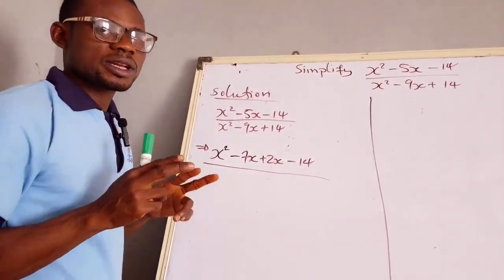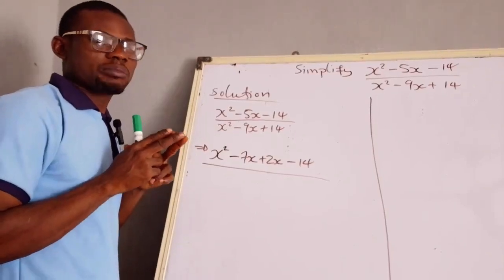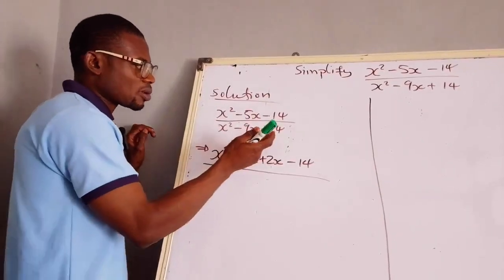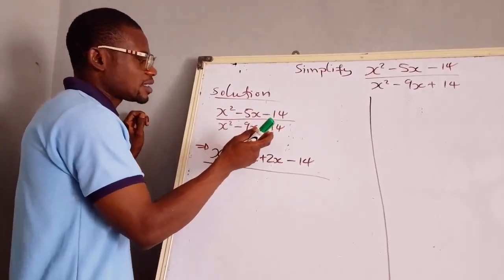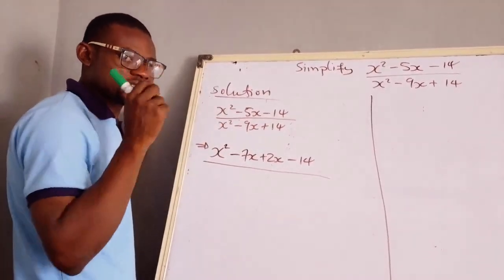Sorry, because the last digit is positive, the two numbers have to be negative numbers.